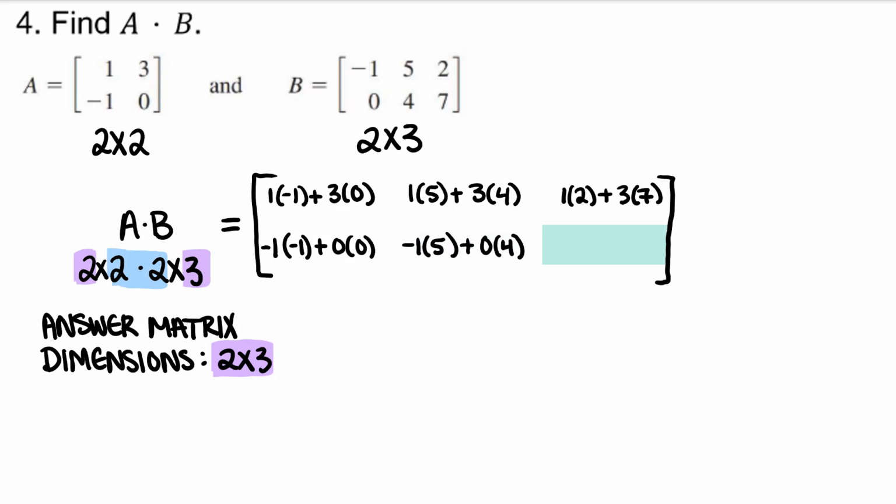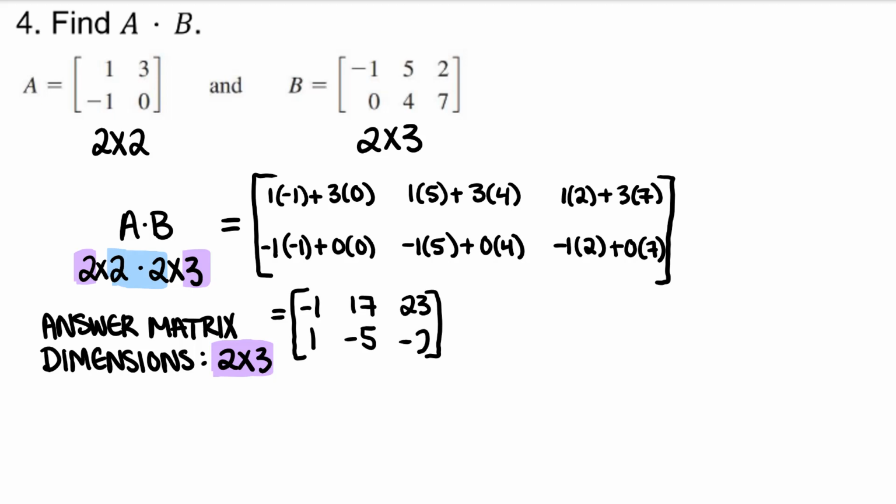And for the entry in the second row and third column, we'll find the inner product of the second row of A and the third column of B, so -1 times 2 plus 0 times 7. Simplify each of these inner products to find the entries of the resulting answer matrix. And you get -1, 17, 23, 1, -5, -2.